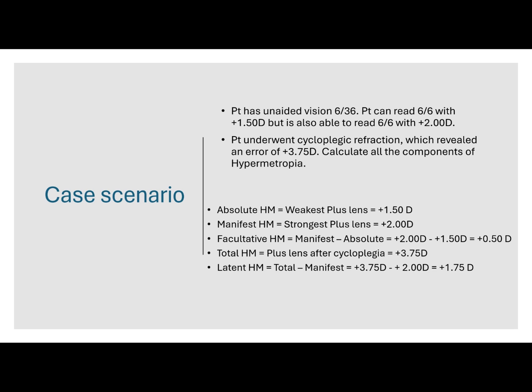Now let's see a case scenario. We have a patient whose unaided vision is 6 by 36. The patient can read 6 by 6 with plus 1.5 diopters. Okay, so we have a weakest lens which is 1.5 diopters. Then the patient is also able to read 6 by 6 with plus 2.